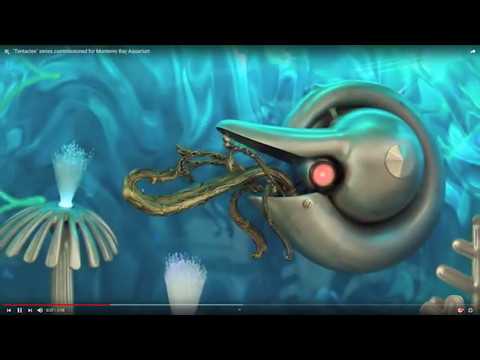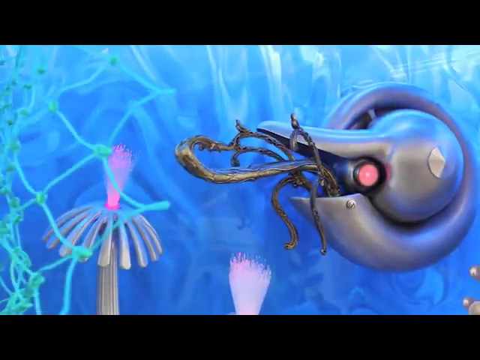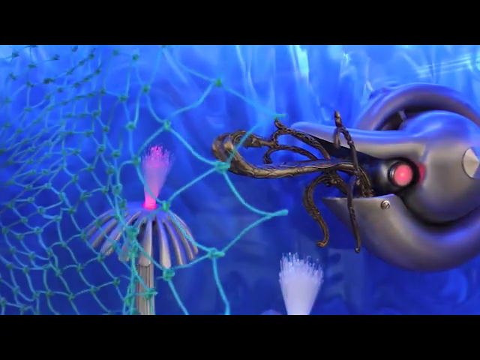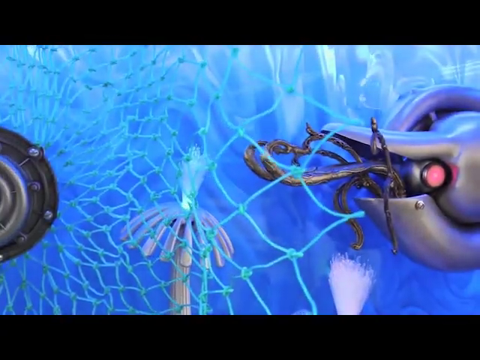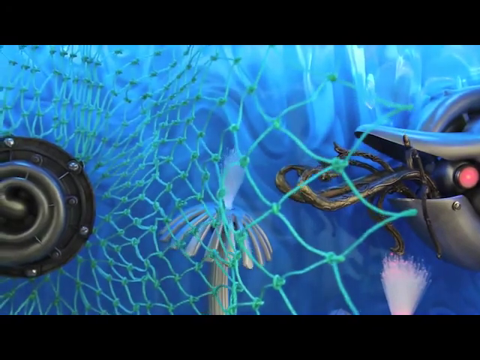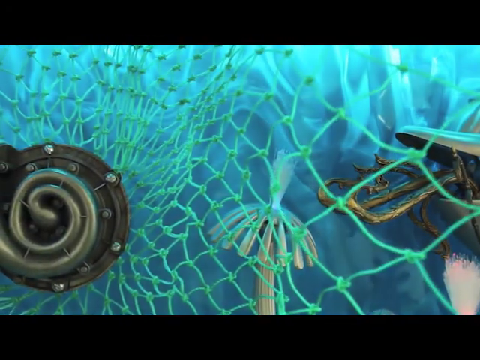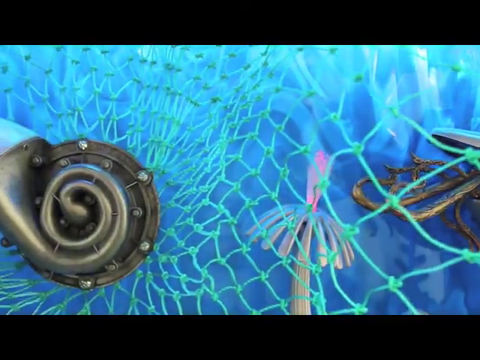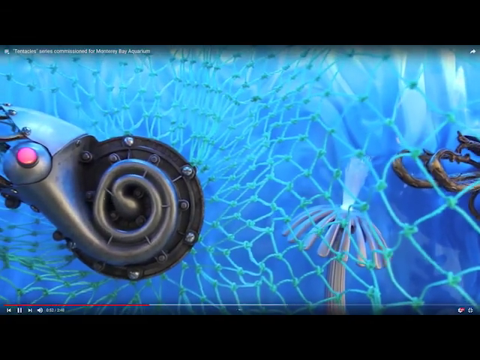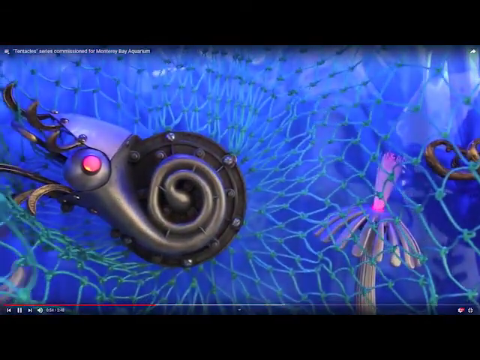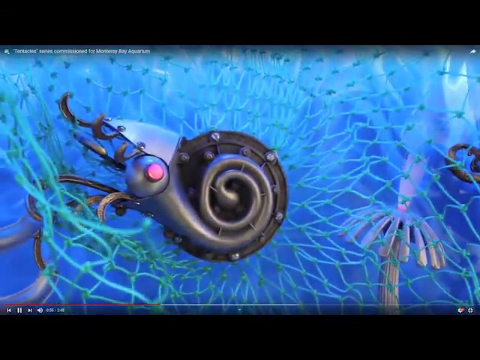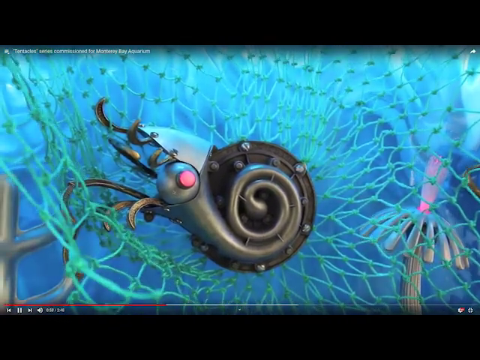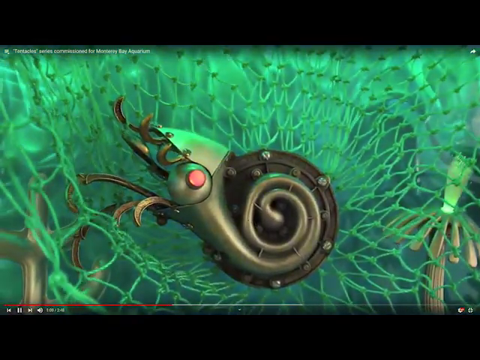Fiber optic lighting. An old horn made to look like another type of squid animal caught in a fishing net.